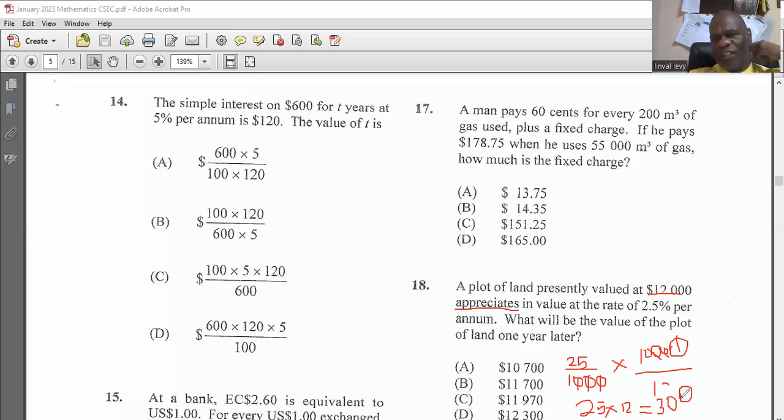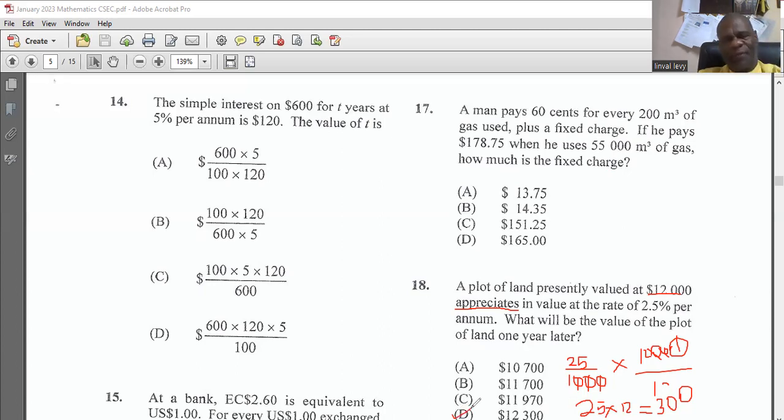So what does this $300 mean? It means that you're going to add $300 to the 12,000 that he already has. All right. So the value of the land appreciates by $300 for the year. Okay. So your answer would be D.